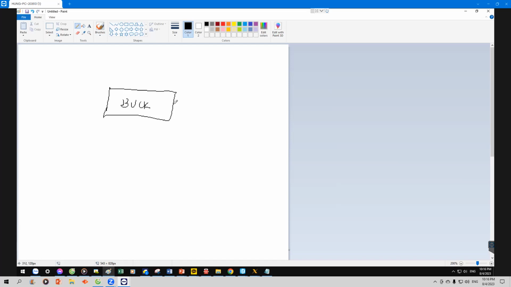We have a buck converter, right? We have V store here, so V store will connect here for control, right? We have VREC as the input to the converter.